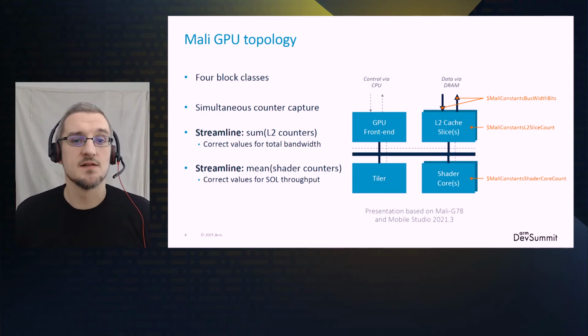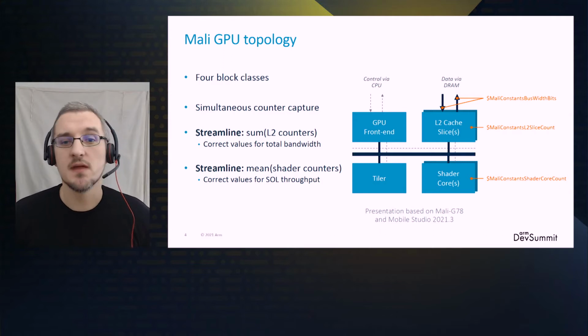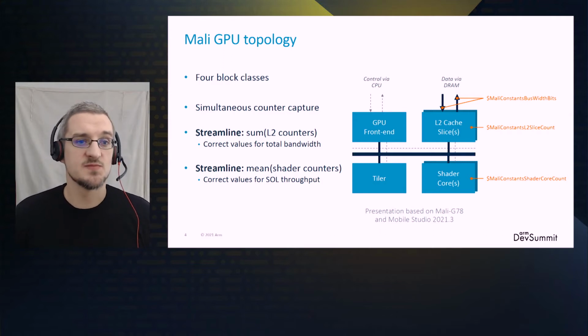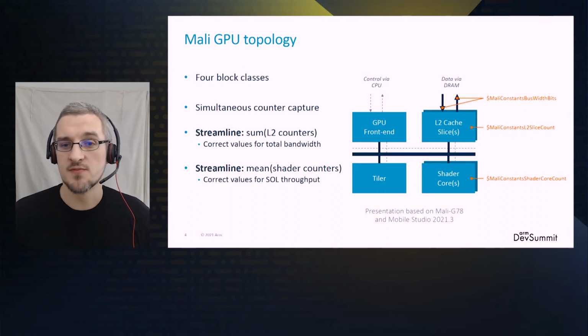It's also the interface out to DRAM. We have the fixed function tiling unit. This handles the geometry pipeline, primitive assembly, clip and cull, as well as the tile binning process that we use for tile-based rendering. We then have the shader cores that are responsible for actually running the shader programs and producing the output that the GPU generates.